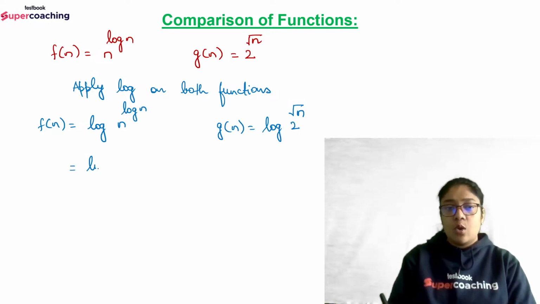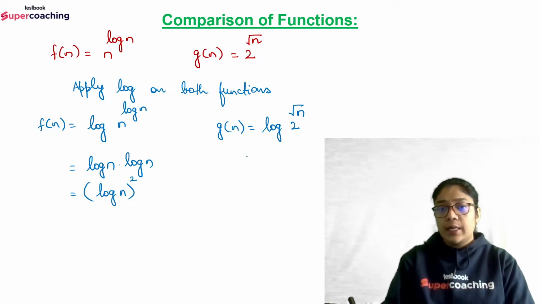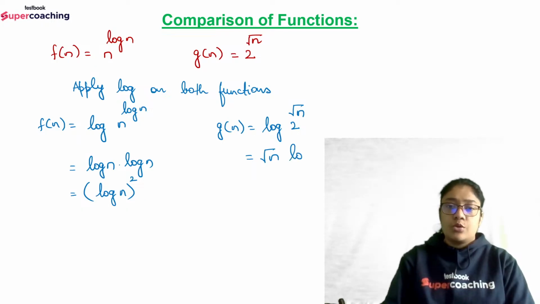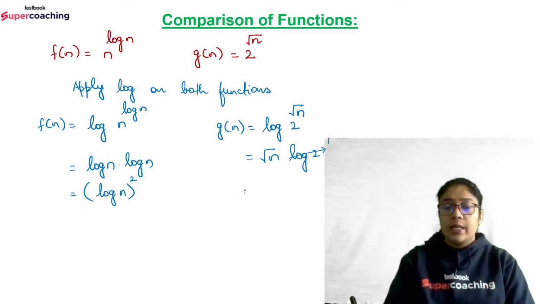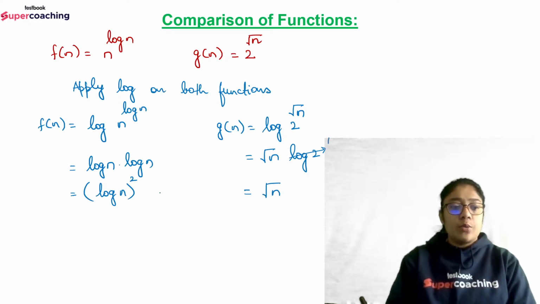Here we'll get log n into log n, that is nothing but log n square, and here we are getting root n log 2. So this is going to be 1, so we'll get here root n. Now root n is greater or log n square is greater?